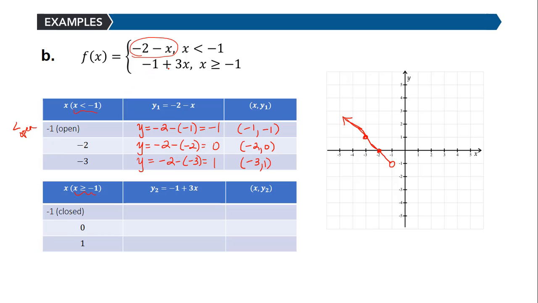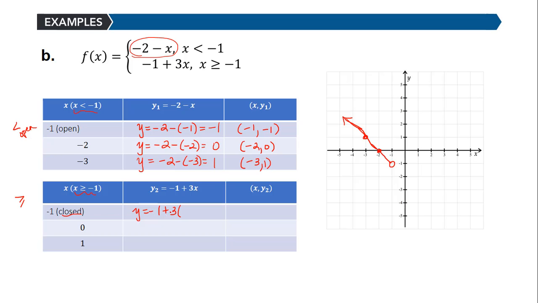Now, my second piece, or second table, I will put in values greater than or equal to negative 1. So I'm going to put negative 1, since that's my endpoint, and I have to put a solid or closed circle since x is greater than or equal to that value. Then any other values of x which are greater than negative 1, so 0 and 1. The y value then is negative 1 plus 3 times x.